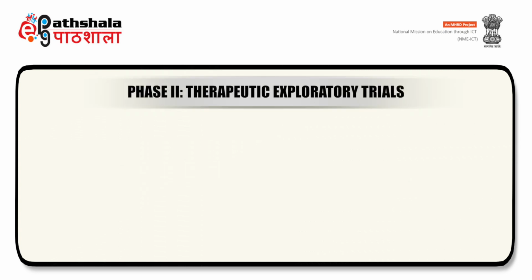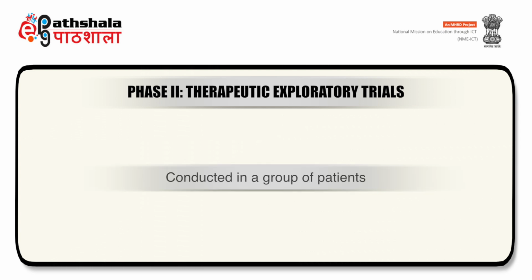Coming to the next phase of clinical trial, that is phase 2 clinical trial. They are termed to be therapeutic exploratory trials. The phase 2 clinical trials are conducted in a group of patients and they should be closely monitored.